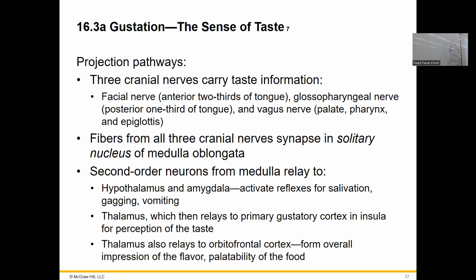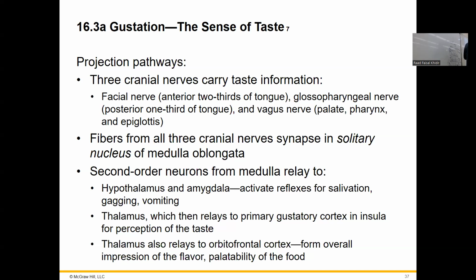And if there are any food remnants on the palate, so you don't only taste with the tongue. Sometimes there is a taste sensation in the palate, in the pharynx, and the epiglottis, and who relays that information is the vagus nerve.